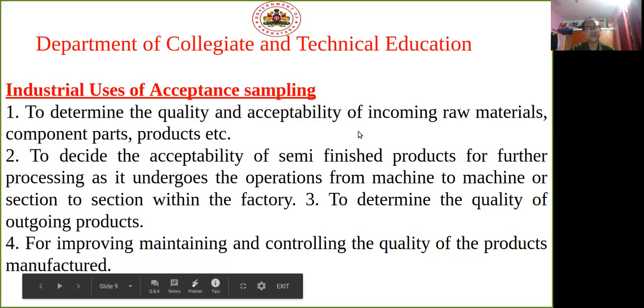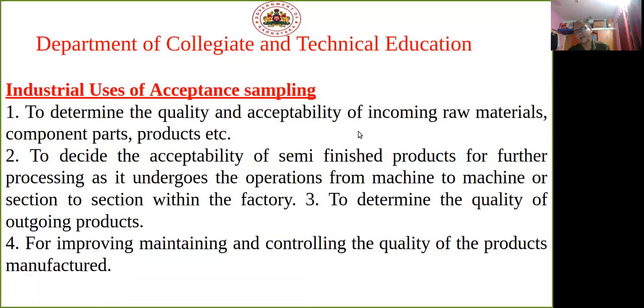The third industrial use is to determine the quality of the outgoing product. That is the main use of acceptance sampling. And the fourth industrial use is for improving, maintaining and controlling the quality of the product manufactured. Acceptance sampling is always useful for us to maintain and bring the process under control.